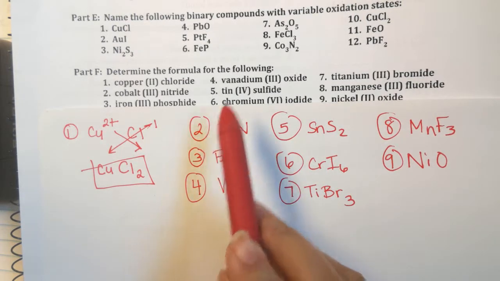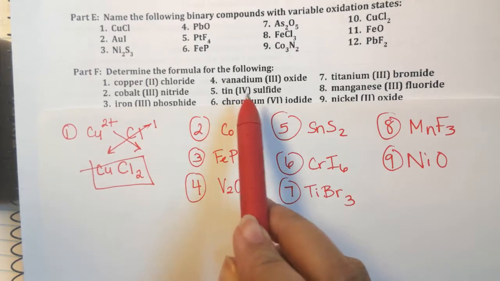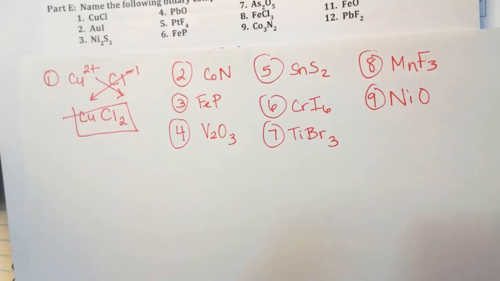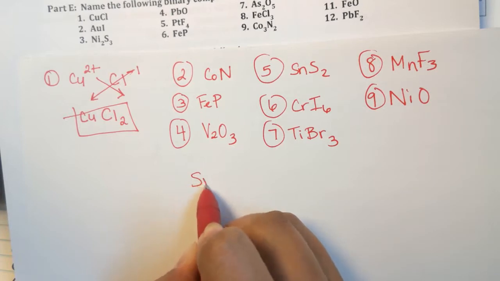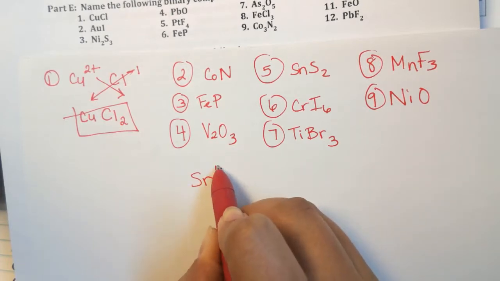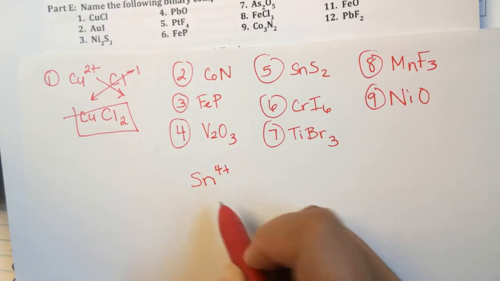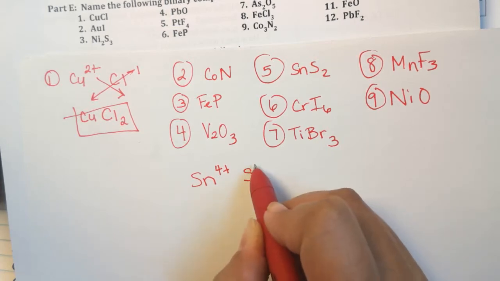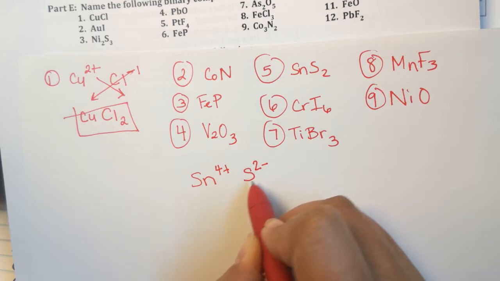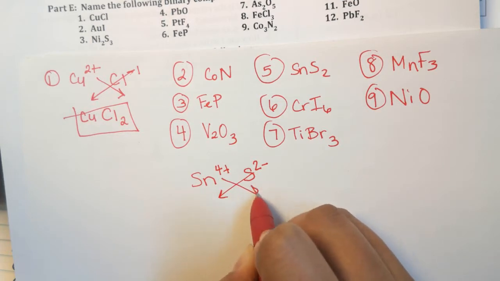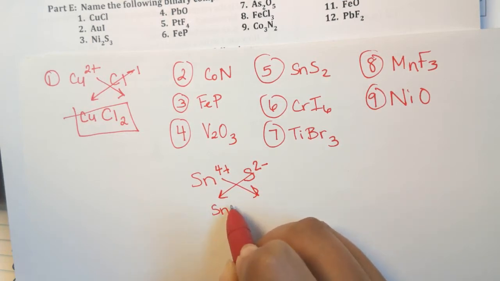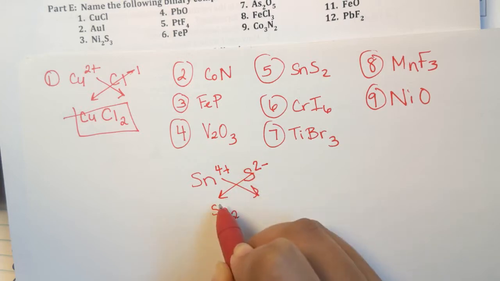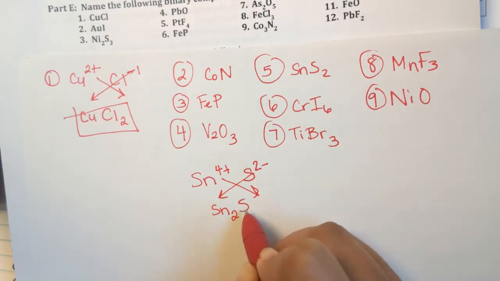So number 5, it says I have tin(IV) sulfide. So I know tin is represented by Sn, and it had a 4 Roman numeral, so it had a 4+ oxidation state. And sulfide has an oxidation state of 2- always. So I still swap and drop like normal. Sn is going to get this 2 as its subscript, and sulfur is going to get this 4 as its subscript.